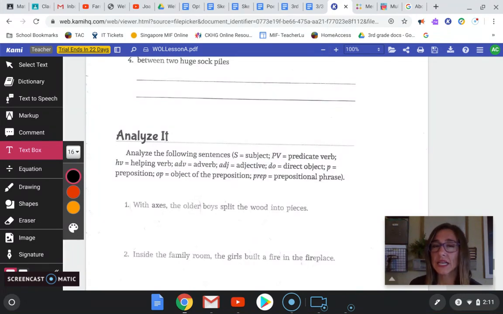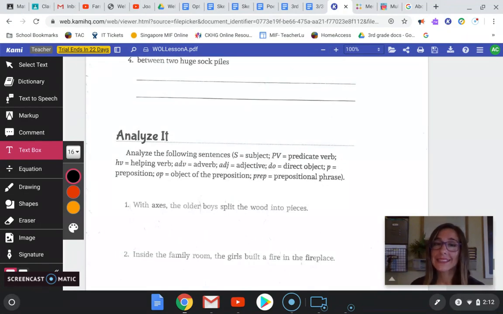The tells us which wood boys split. So, the is an adjective element because it modifies a noun. It is an adjective. Older tells us what kind of boys split. So, older is an adjective element because it modifies a noun. It is an adjective. The tells us which boys split.